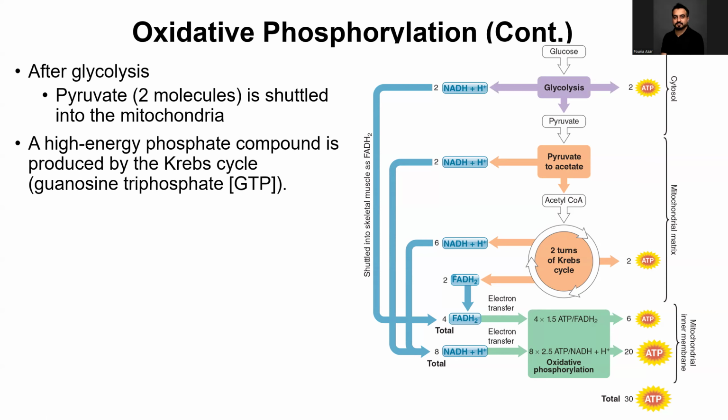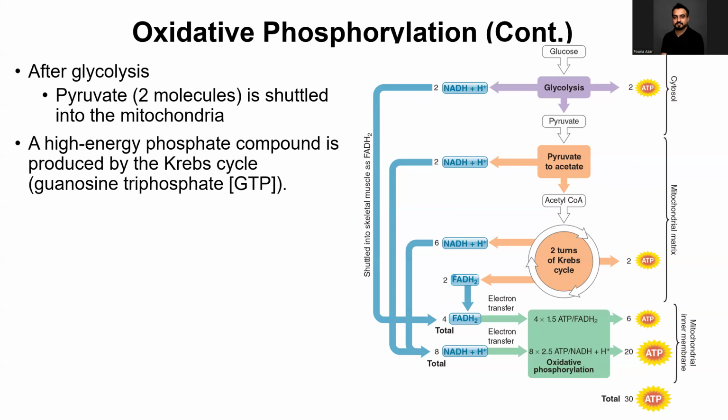A high energy phosphate compound is produced by the Krebs cycle and it's called GTP or guanosine triphosphate, GTP. And this is another high energy phosphate compound. So far we have learned about three high energy phosphate compounds.